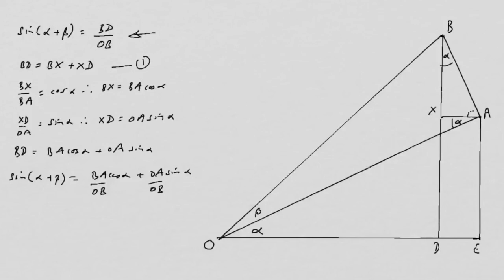Now at this point, notice that I said earlier that this dotted angle here was 90 minus alpha, and that's because we actually have a right angle here when we constructed this diagram.